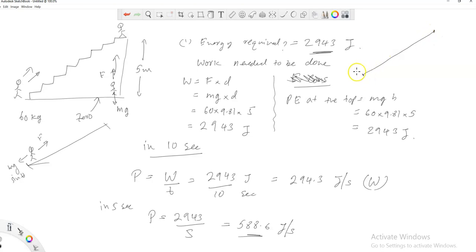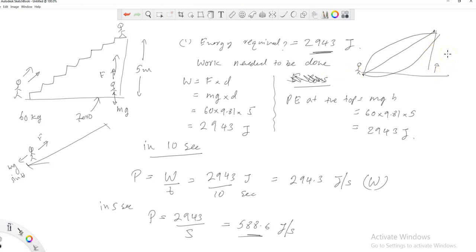So this is the starting point, so he's here. Or he can take a route like this, or a route like this. As long as there is no friction, if the starting point and the end point are the same, the amount of work you need to do is going to be the same. It does not depend on the path, right? He can even climb straight up like this, same amount of energy.